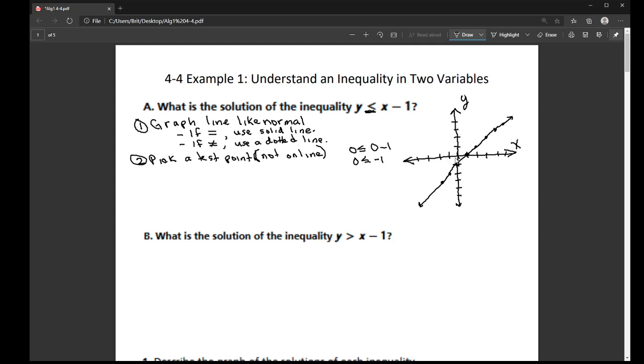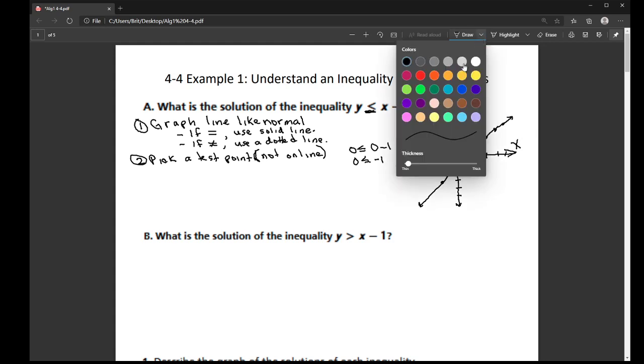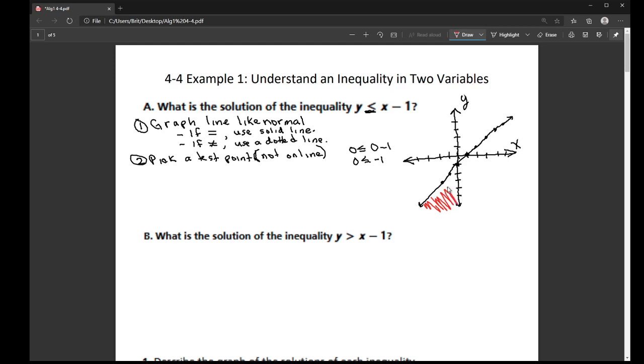Well, no, it's not. So what that means is that this side of the line is where there are no solutions. So we need to shade in the other direction. So you should get something that looks kind of like this.